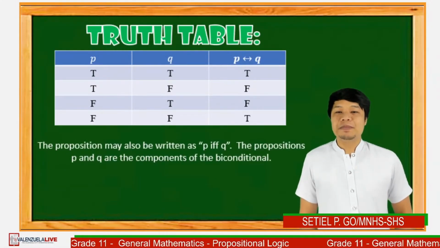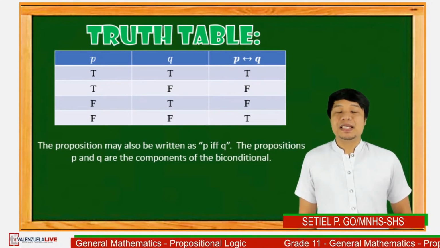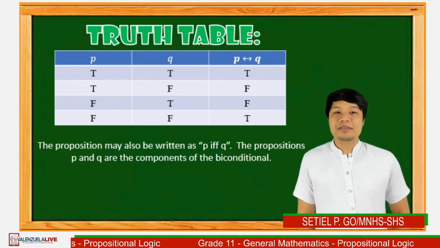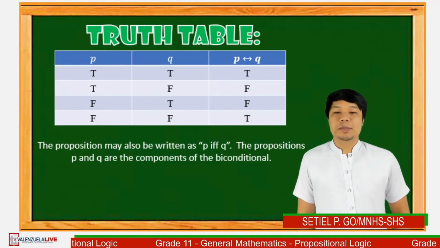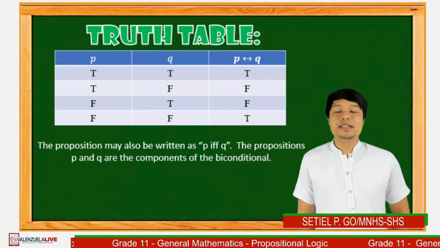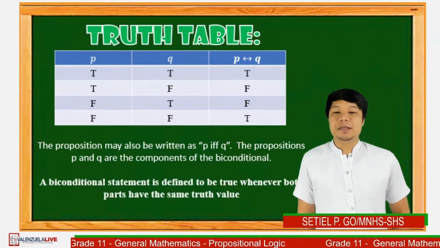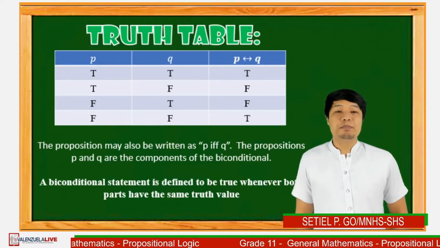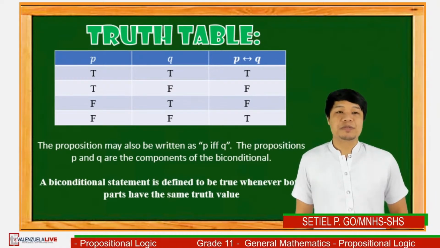The proposition may be written as P if and only if Q, or P iff Q. The propositions P and Q are the components of the biconditional. The biconditional statement is defined to be true whenever both parts have the same truth value.